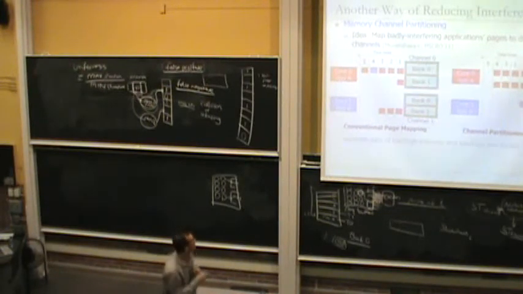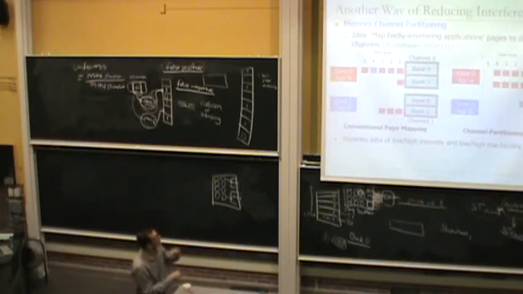Make sense? Basically, the key principles are, this was a low-intensity application. It didn't access memory that much. And this was a high-intensity application. If you separate the data of those, then you can enable this low-intensity application to make fast progress. A similar situation exists with low and high row buffer locality applications.